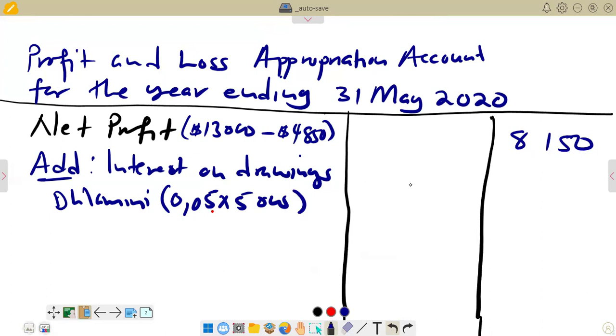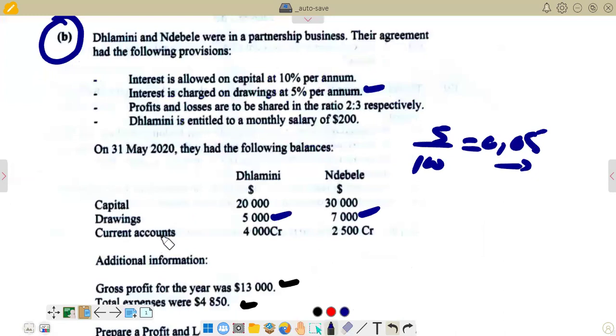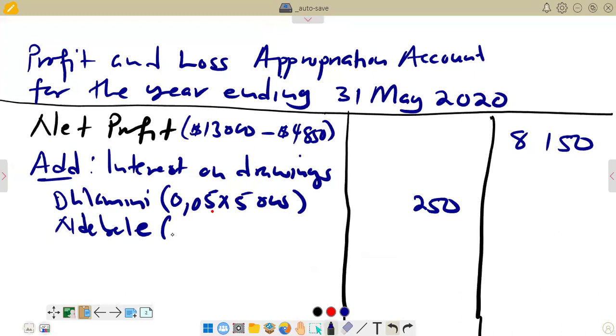You multiply the two and you get 250. Then the next one is Dembele. Our percentage is the same, 5%, which is 0.05 as a decimal. For Dembele we have 7,000, so 0.05 times 7,000, and the answer that you are supposed to get there is 350.